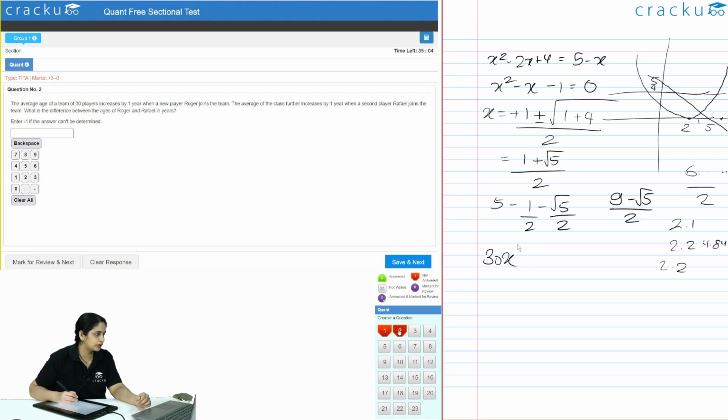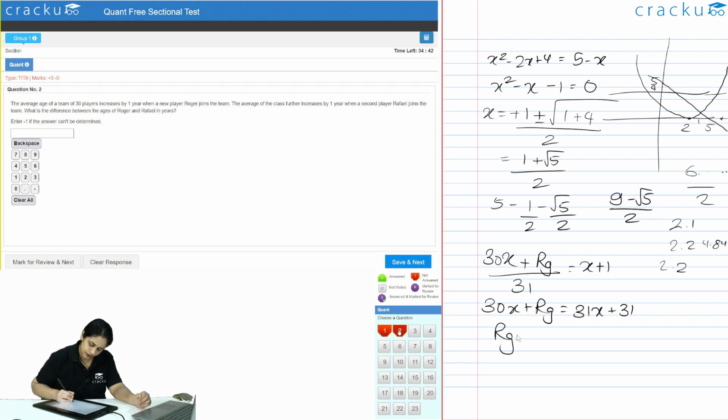Then it became 31. After Roger joined, the sum divided by 31 would be x plus 1. So 30x plus RG is equal to 31x plus 31, so RG would be equal to x plus 31.